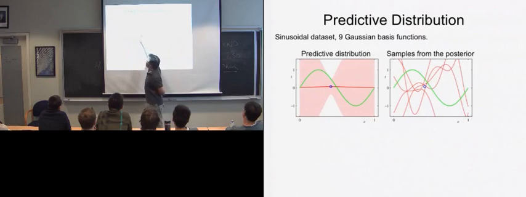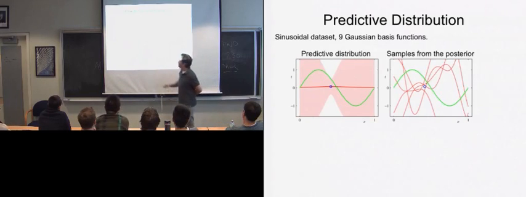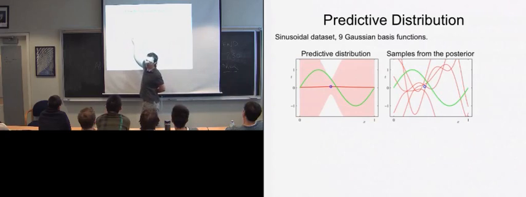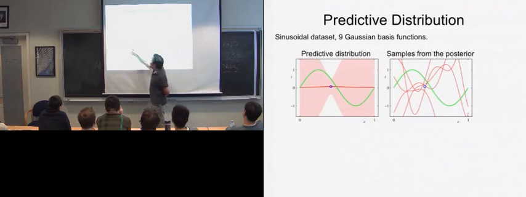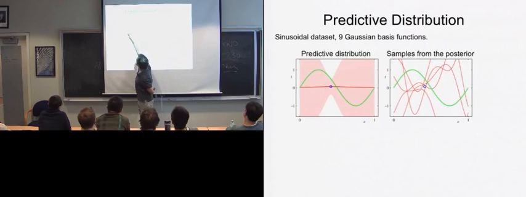This is the mean, and this is the uncertainty associated with my predictive distribution. And the green curve is the truth. So you're essentially saying, yes, I think there should be less uncertainty here, that's my predicted mean, and there is a lot of uncertainty here.